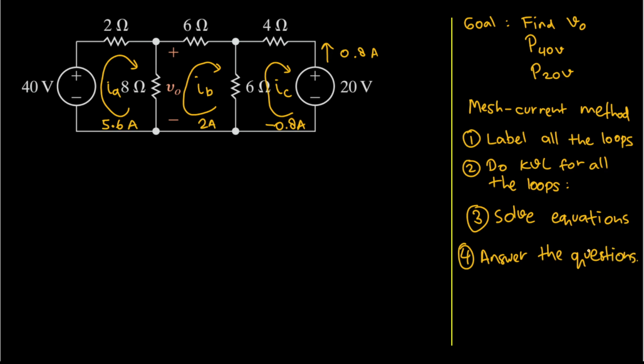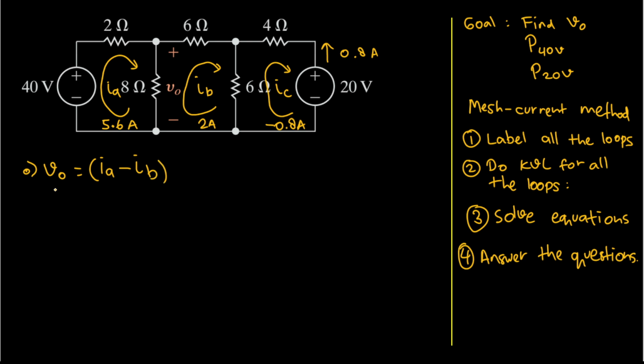And what is the question asking us? First, it's asking about V0. Okay, V0, where is V0? V0 is the voltage across this 8 kilo ohm resistor. But the positive one is here, so the positive current will be this IA, right? It's flowing from the positive to negative. So IA came first, and then IB comes in the opposite direction. So I subtract IB from it.